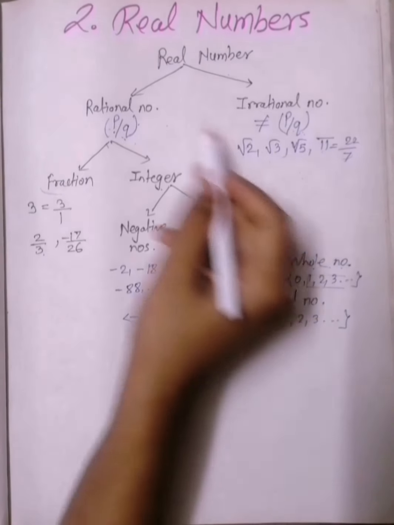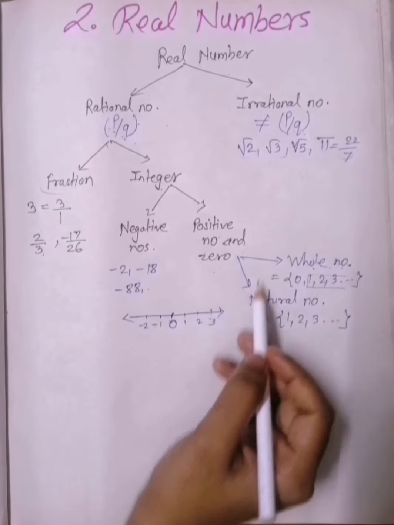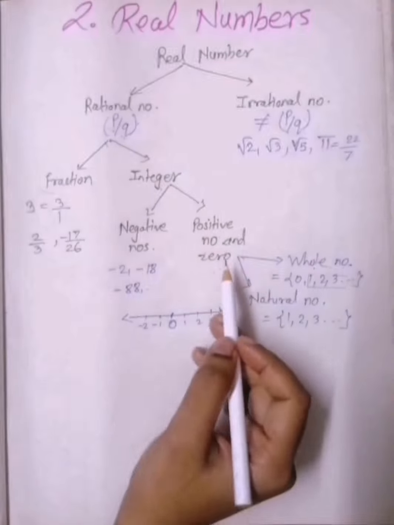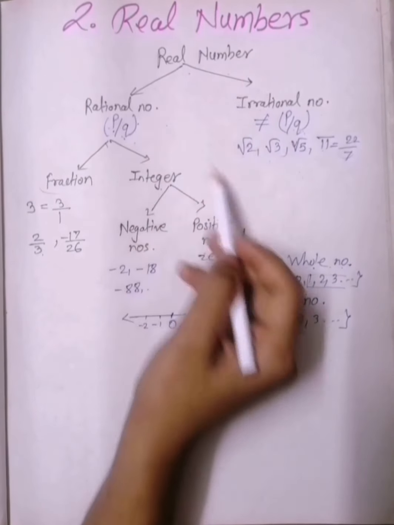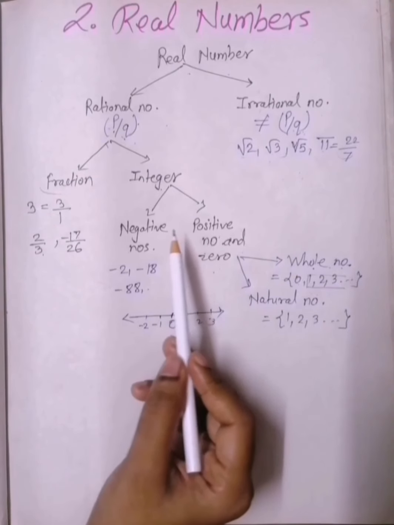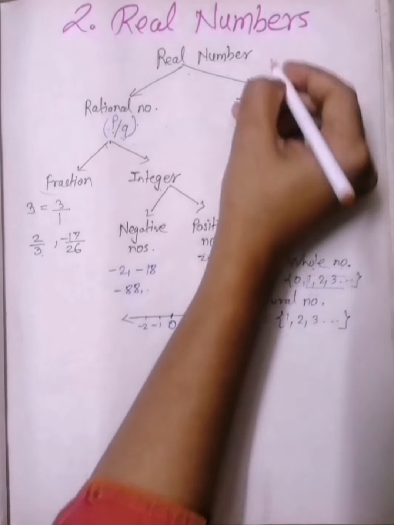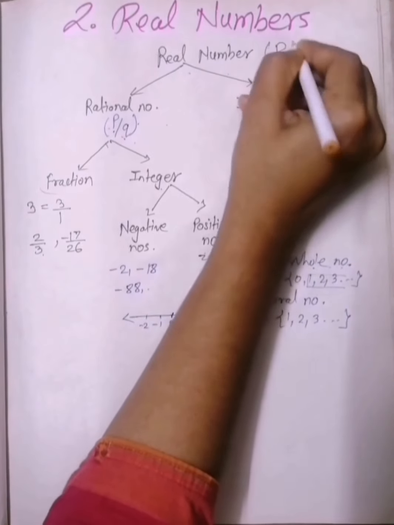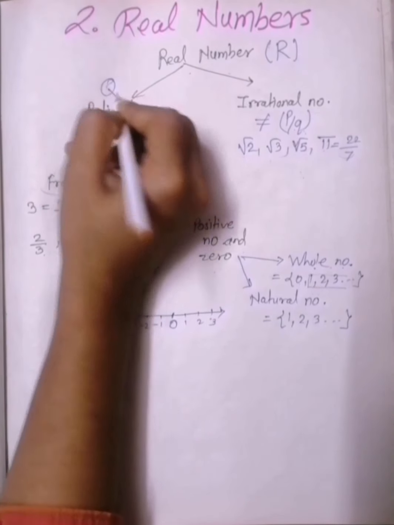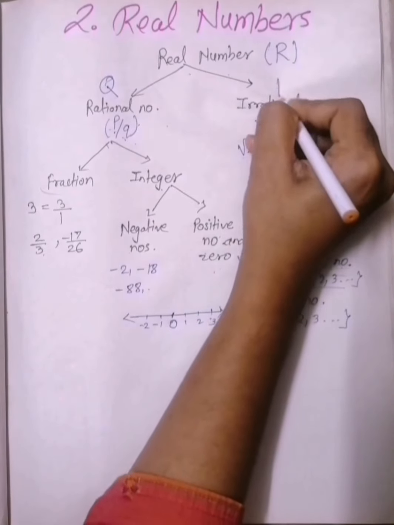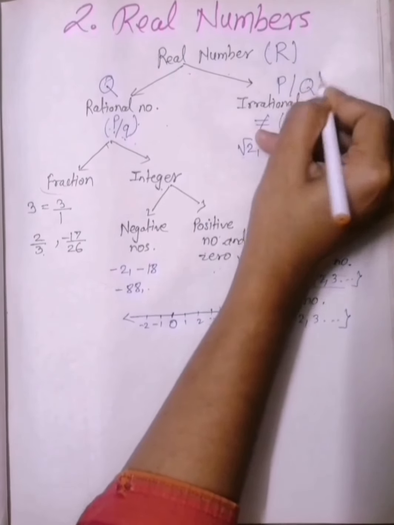Students, these are the various categories included in real number. So let's denote each category with a capital letter. The first one is real number, which is denoted with capital R. Rational number is denoted with capital Q. Irrational is denoted with Q dash. Clear?